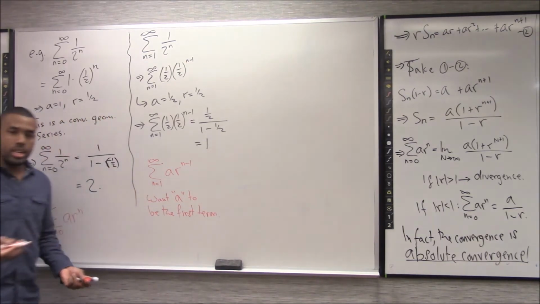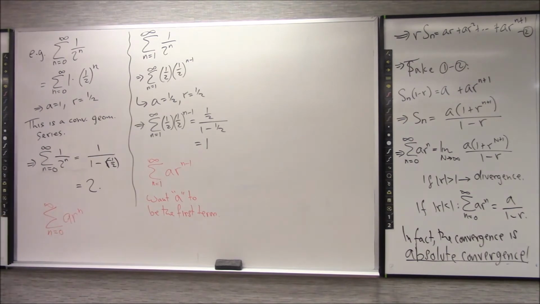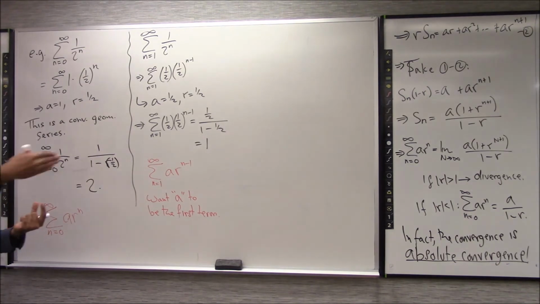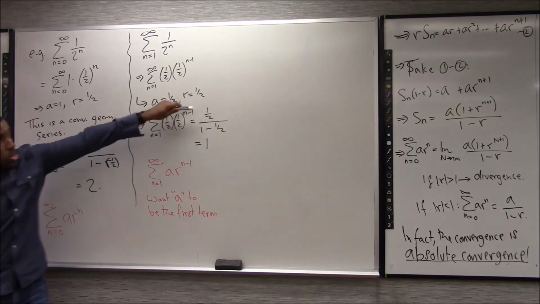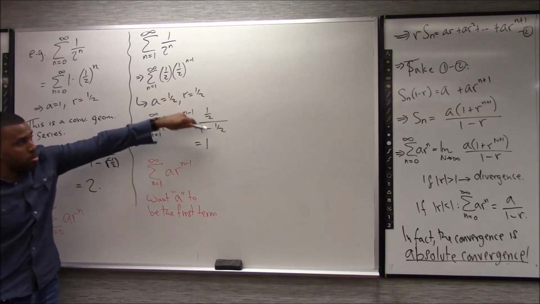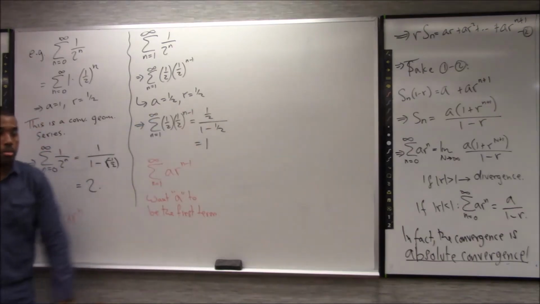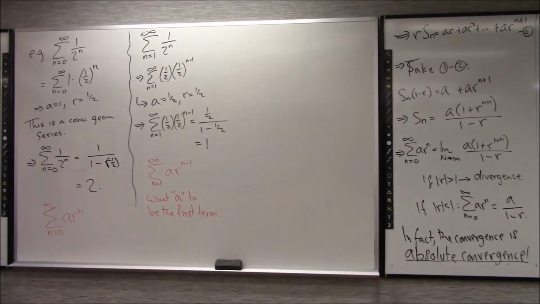So if you have to shift the index to make that happen, or do a little algebra to make that happen, that's fine. As long as it follows that pattern, as you start out with a number, and then you keep multiplying that by another number repeatedly and adding all these terms together, it's geometric, and it's going to be the first term divided by 1 minus that number that you keep multiplying by, as long as that number is less than 1 in absolute value.